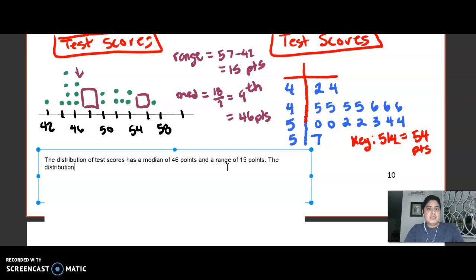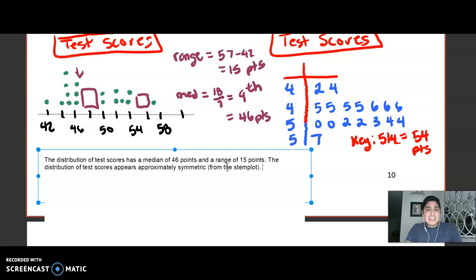The distribution of test scores appears approximately symmetric. And we're not going to doubt ourselves, or we're not going to say approximately symmetric and skewed right. Nah, it's got to be one or the other. So based on the stem plot, it looks a little bit more symmetric. Although from the dot plot, I'd argue it's a little bit more skewed right. So I'm just going to say the distribution of test scores appears approximately symmetric, and I'll just add a note from the stem plot.